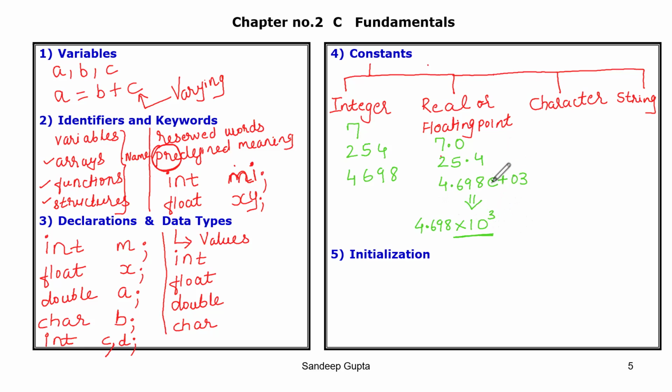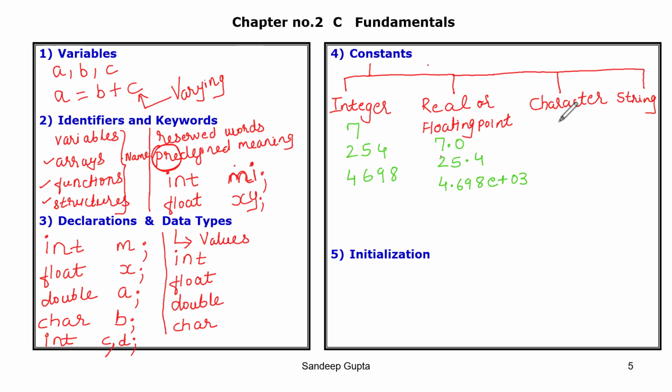So you have to write it like this, E plus 0, 3. Or you can simply write E plus 3, where E stands for exponent and this E can be given in lowercase or uppercase. Anyway, the whole point over here is numbers like these are called real or floating point constants.